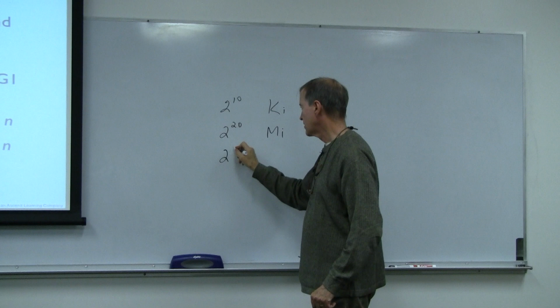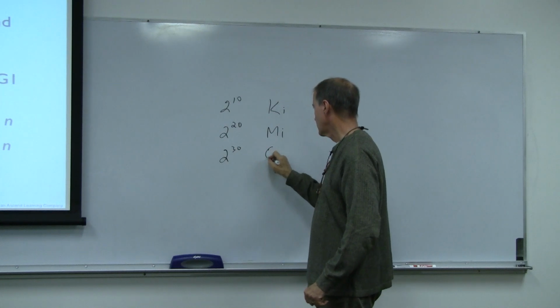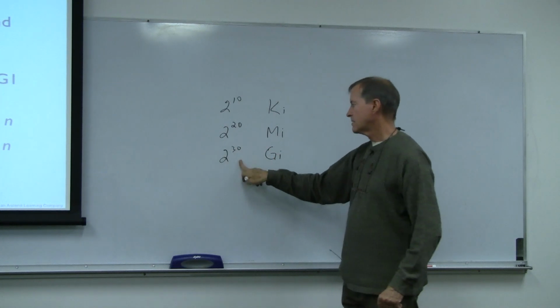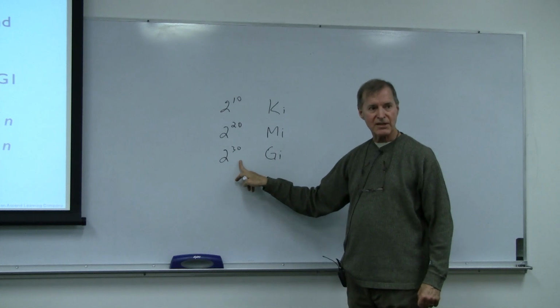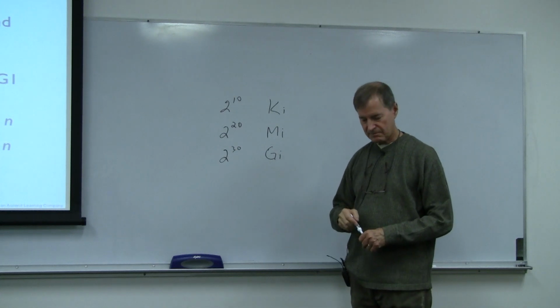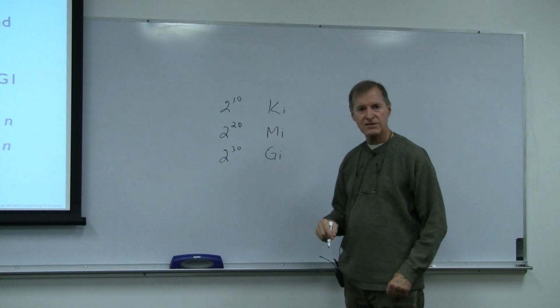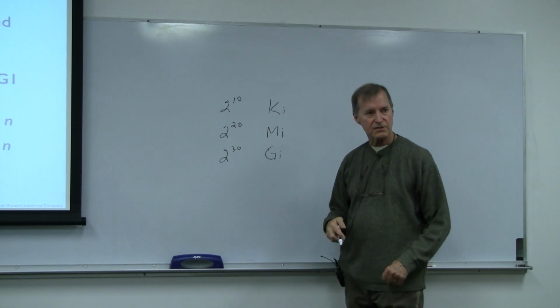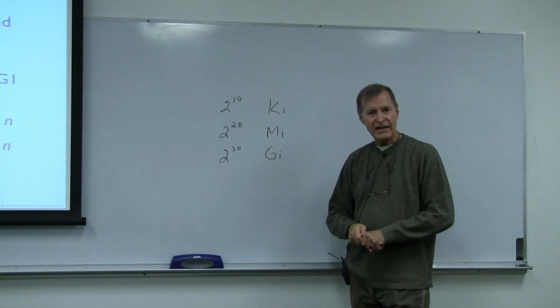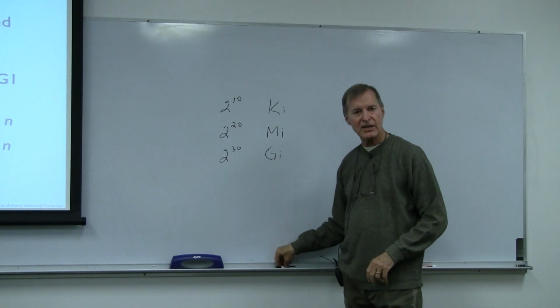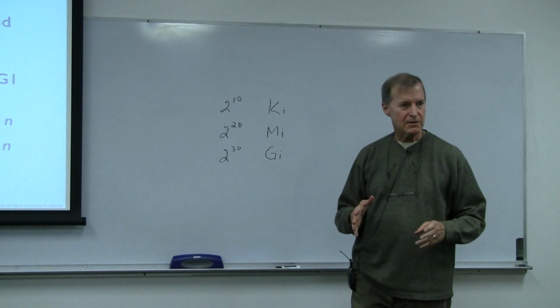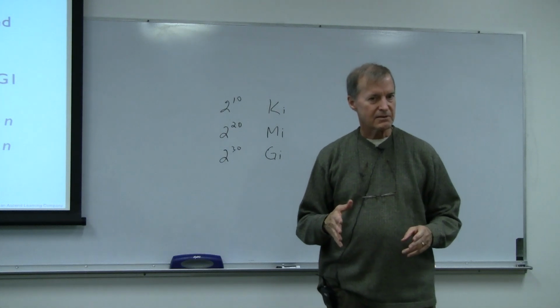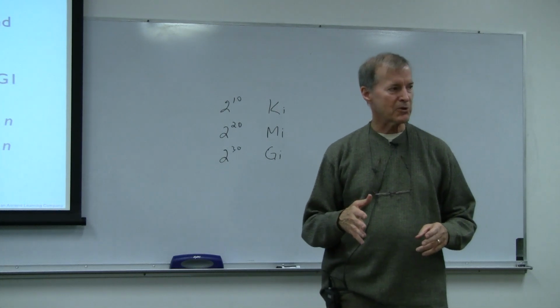And 2 to the 30 is the giga. So 2 to the 32 is how many gigs? 4. Yes, it's 4 gigs. So a 32-bit computer can access how many bytes of memory? 4 gigabytes of memory.